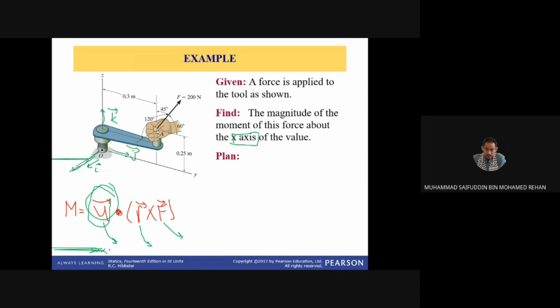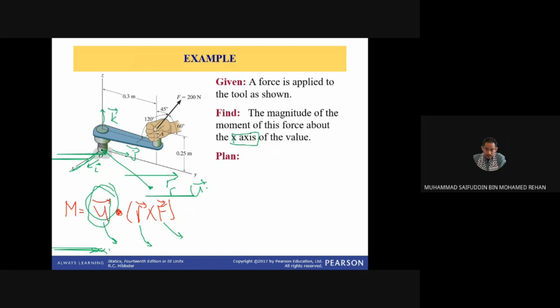When the question says what is the moment of any force about x-axis, obviously the unit vector is I. If it is about y-axis, it is j. If it is about z-axis, it is k. If it is about any different axis, then most of the time we have to use the coordinates to find the position vector, and then the magnitude, and then you can determine the unit vector, right?